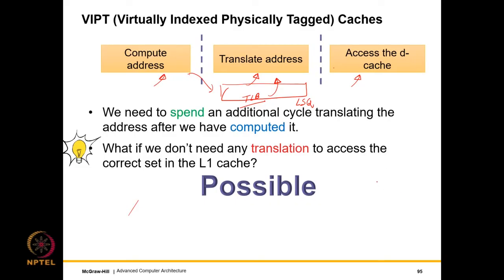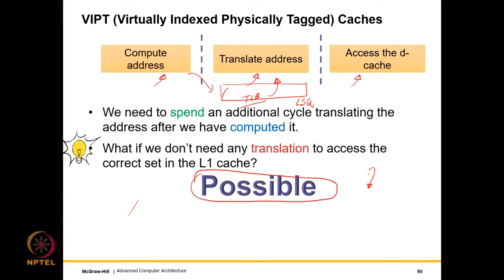The reason it will cause a problem is that the next time that another thread or process runs on the same core, if they are using the same virtual address, there will be a problem, right? So let's discuss this in some detail, but we are seeing that it is possible.